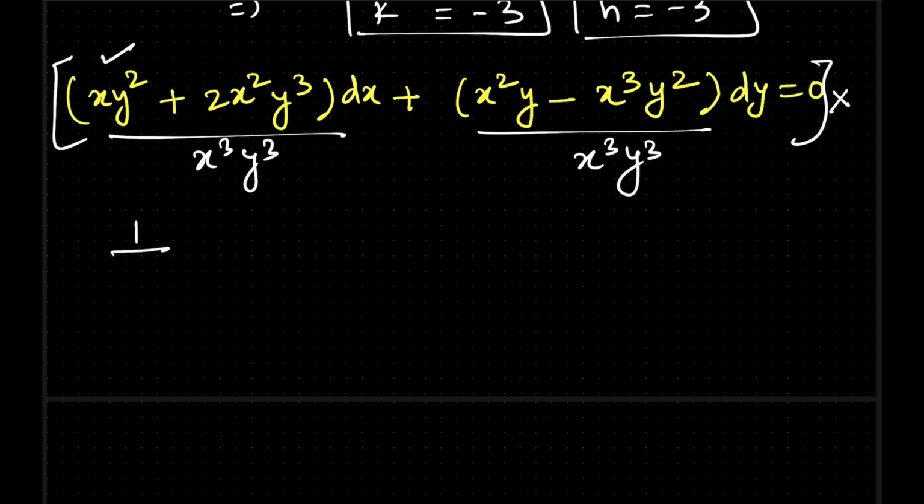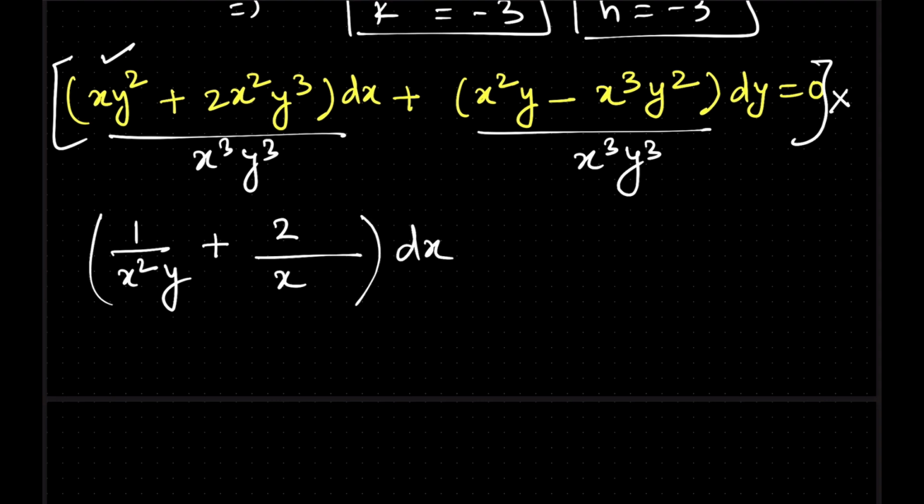So when you will divide the first term with x cube y cube, you will get 1 by x square, and on the y side you will get 1y in the denominator. And the second term, if you see, so here you will get 2 in the numerator, 1x in the denominator, and the y term will get cancelled because y cube and y cube will get cancelled. So this is your first term dx.